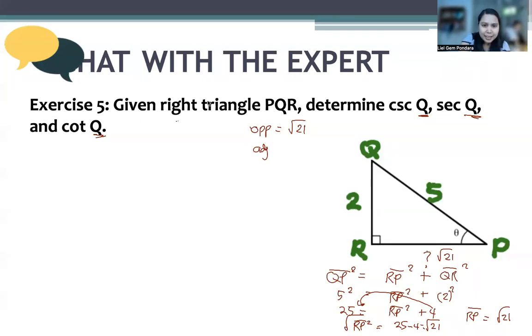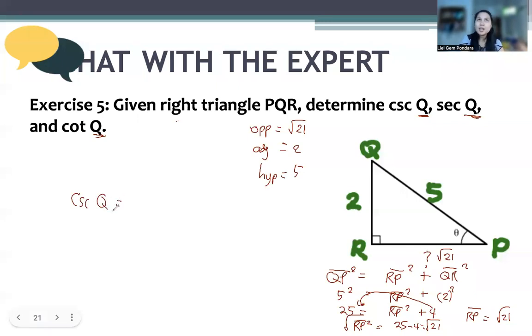What's the adjacent side? Very good, it's 2. How about the hypotenuse? 5, very good.